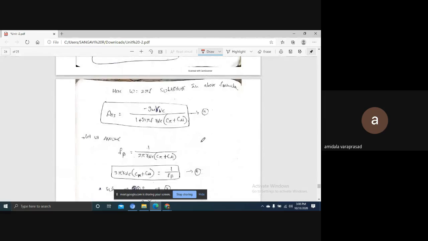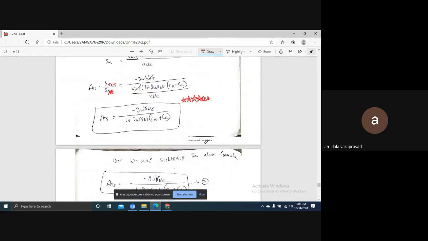Then I out is minus GM into VB dash by this I in. If this RB dash goes upside, I will get minus GM into RB dash by 1 plus j omega into RB dash into (C pi plus C mu). Please keep in mind, this is the short circuit current gain here.